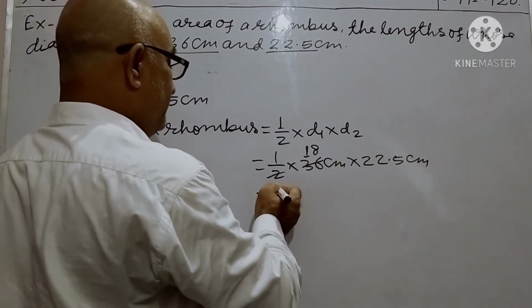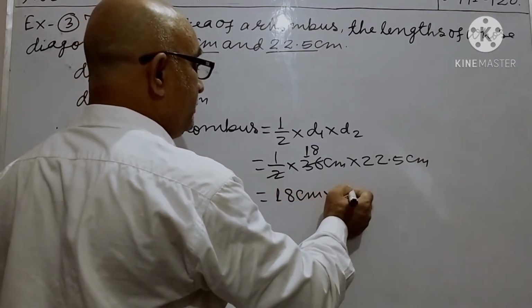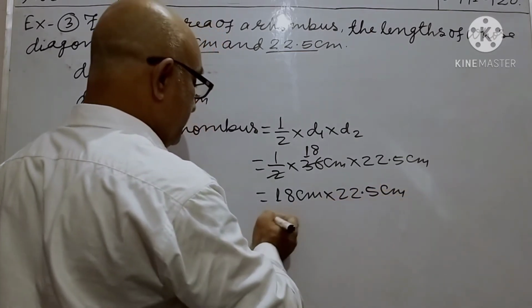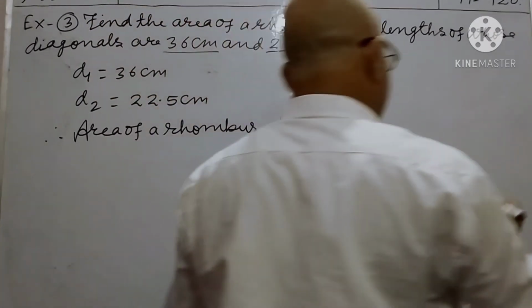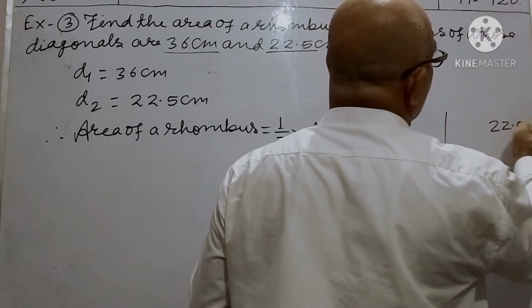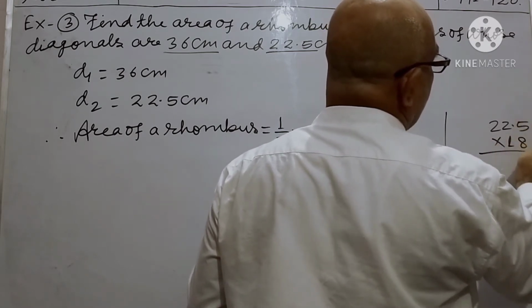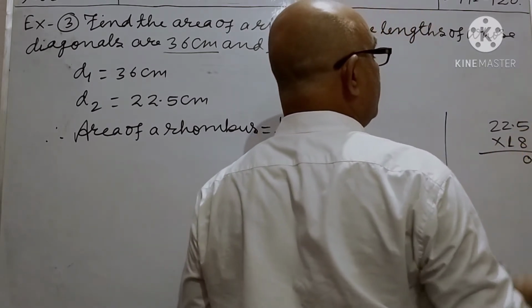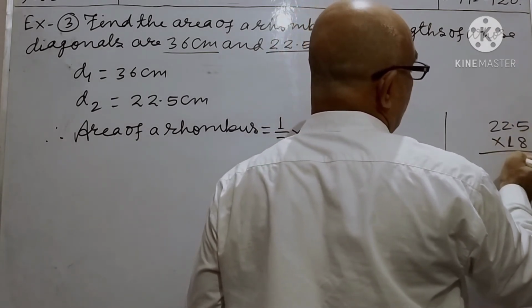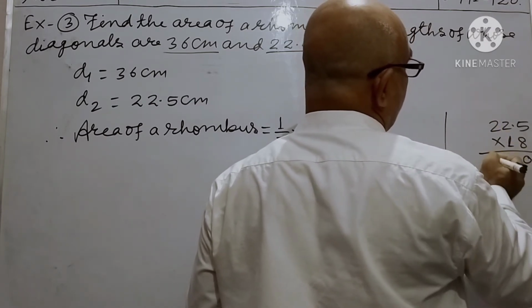Now multiply 18 cm into 22.5 cm. 22.5 into 18: 5 8s are 40, 0 carry 4; 2 8s are 16 plus 4 is 20, 0 carry 2; 2 8s are 16 plus 2 is 18.